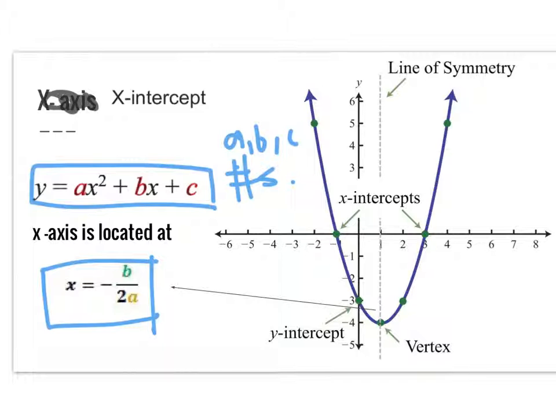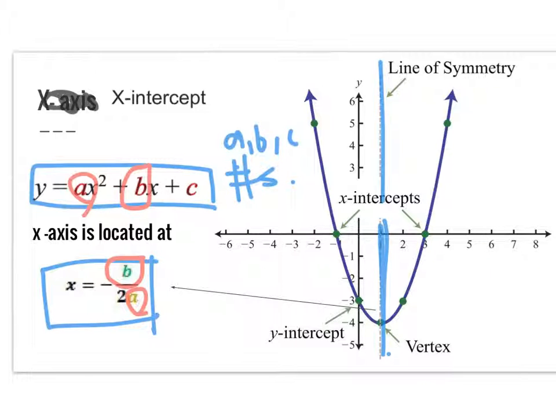How wonderful. So how do we figure out the line of symmetry? We use this equation, x equals negative b over 2a. The b value is from the equation over here, and the a value is over here.